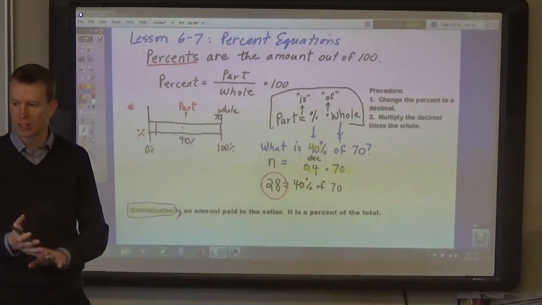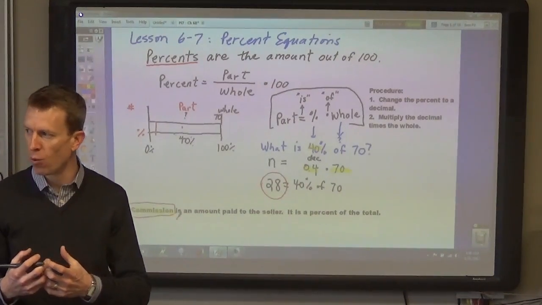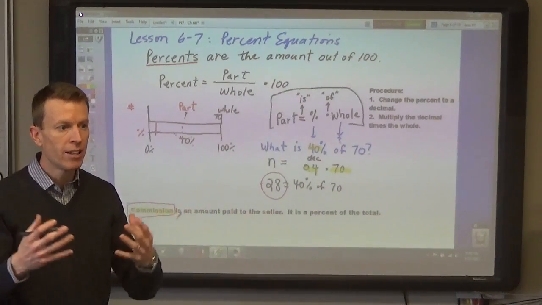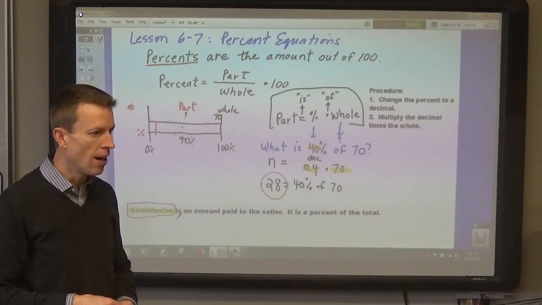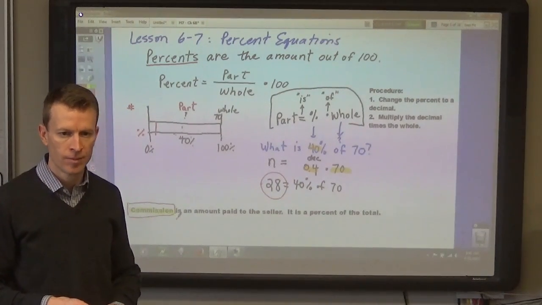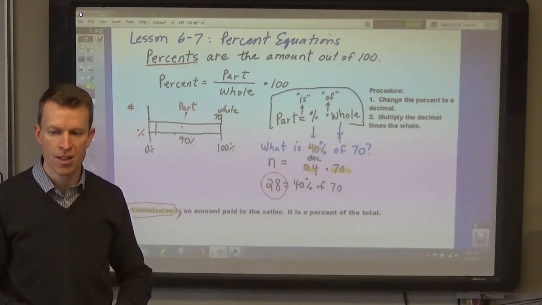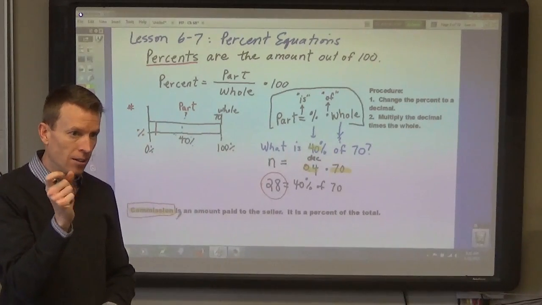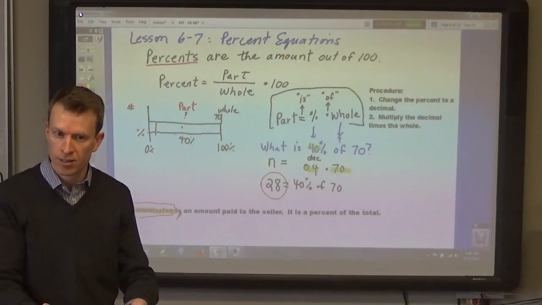People in sales are oftentimes paid a percentage of whatever sale they made for their company. Realtors, people that work in real estate, are often paid in commission. And so if they sell a house that's worth $300,000, they might make like 3.5% commission on that sale.